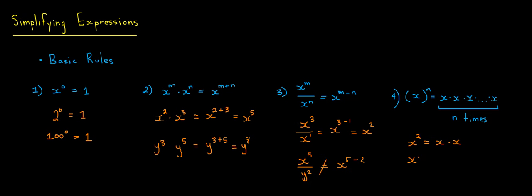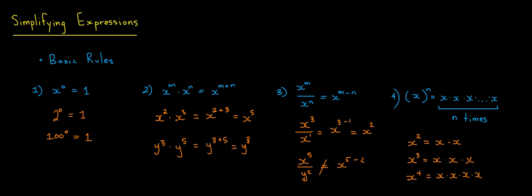If I give you x to the third, we have x times x times x. That's 3 x's, and notice our power was 3. So if our power is n, then we have n x's, but we're multiplying them. One last one: if I give you x to the fourth, that would be x times x times x times x.